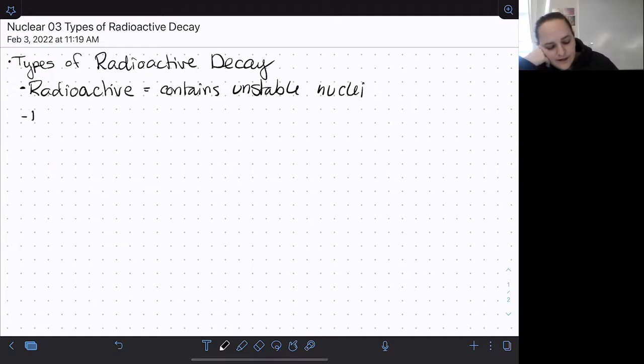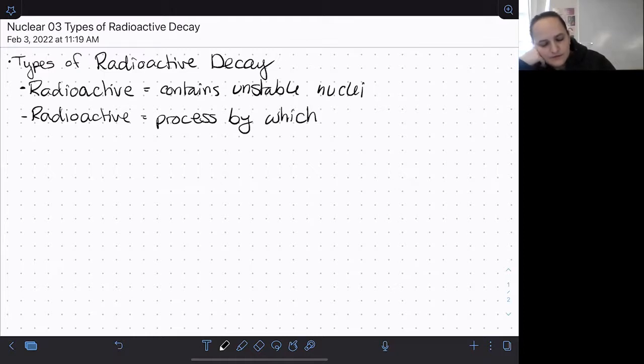So radioactive decay is the process by which nuclei become more stable, essentially.